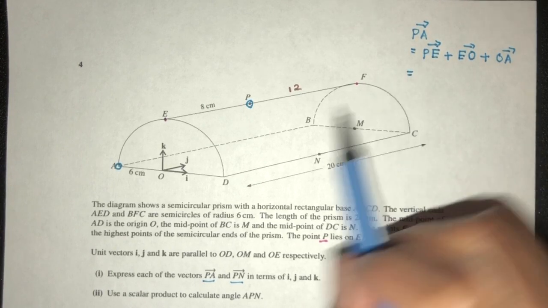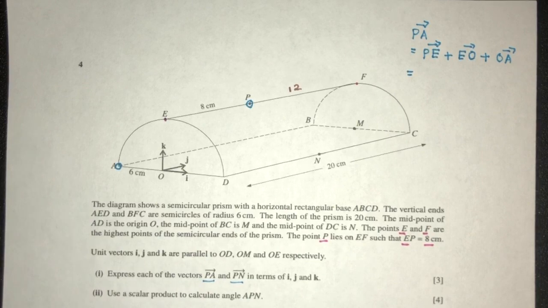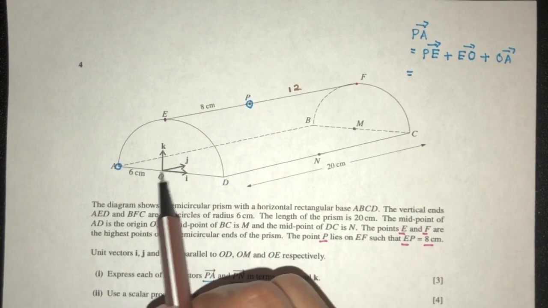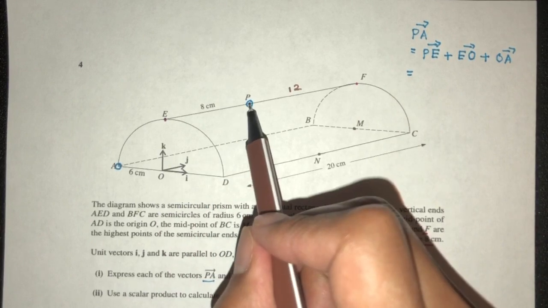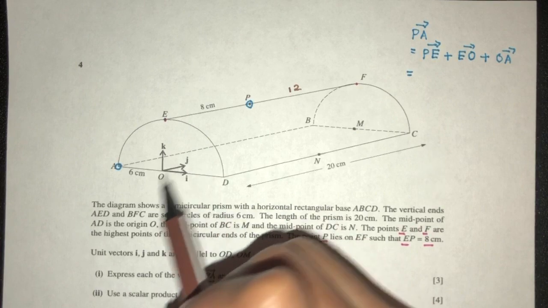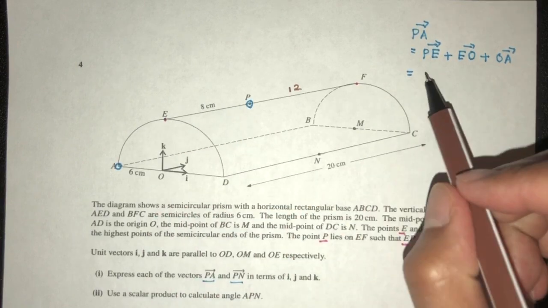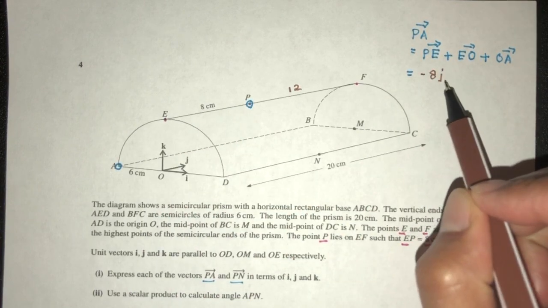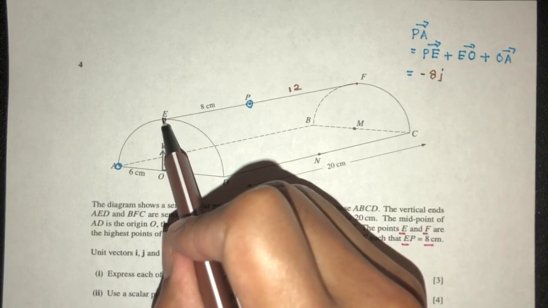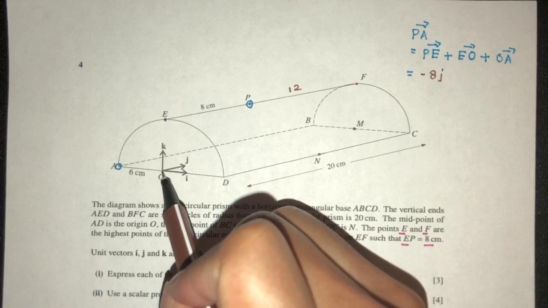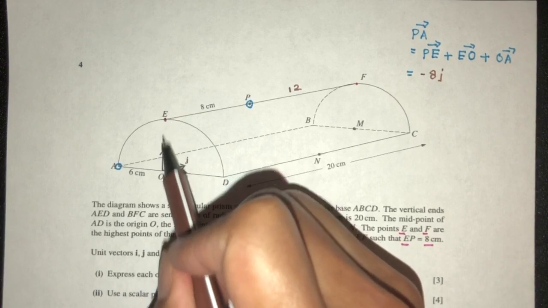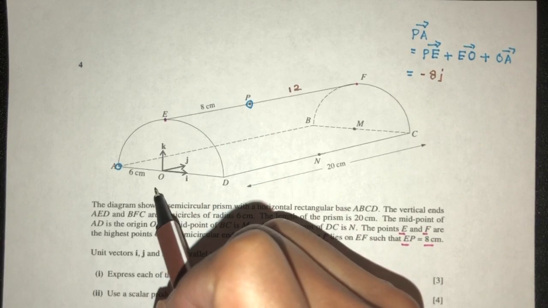Now let's find those values one by one. So P to E. Because j is in this direction, we understand that going from P to E will be in the opposite direction. So it has to be negative j, and the length is 8. That will be minus 8j. That's the first step. Now EO, from E going down to O. We know that O going up to E in this direction it is k, but going down in the opposite direction has to be minus k.